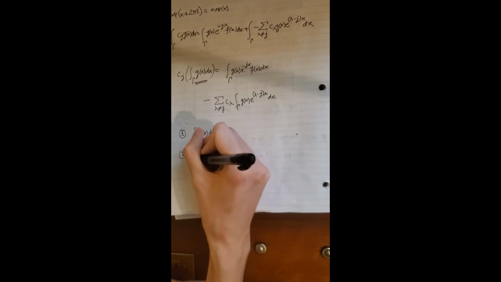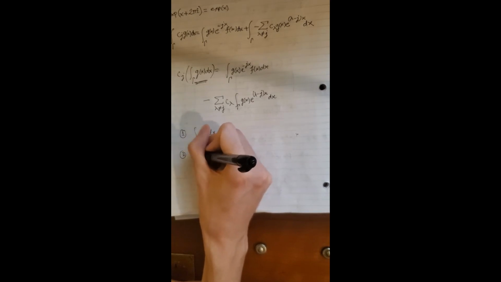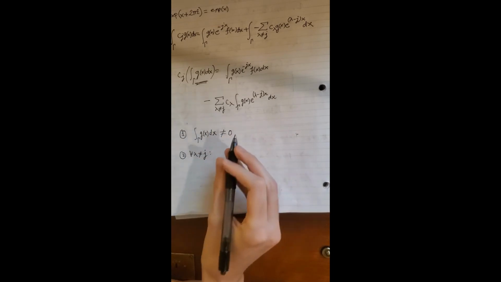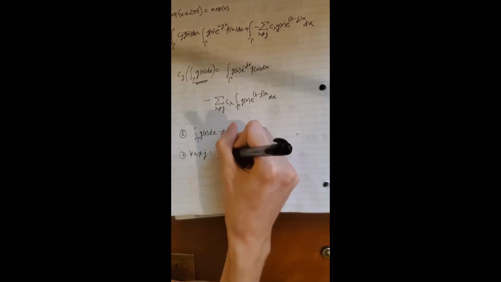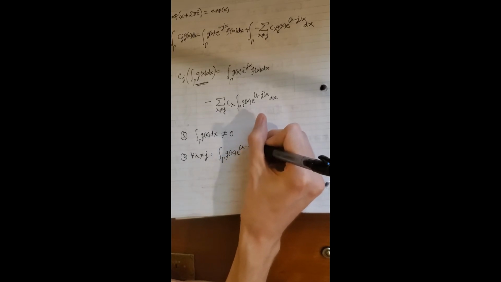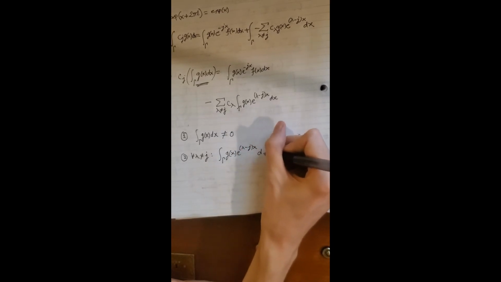So the second thing that we need is for this integral, for all lambda not equal to j, we need this integral to be equal to 0.